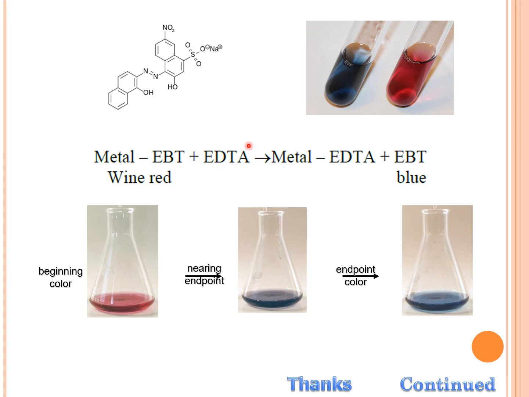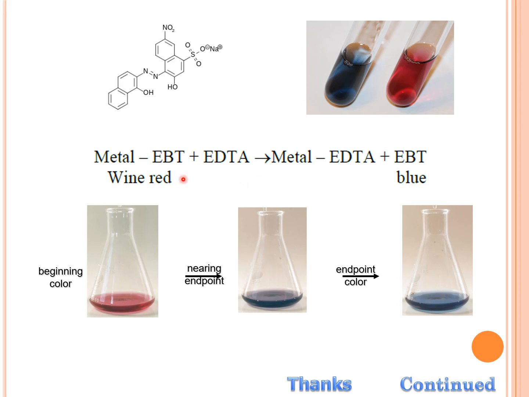As soon as we start addition of EDTA, this EBT complex will start breaking and this metal plus 2 ion starts forming a complex with EDTA. This is the new complex, which is more stable than this complex.